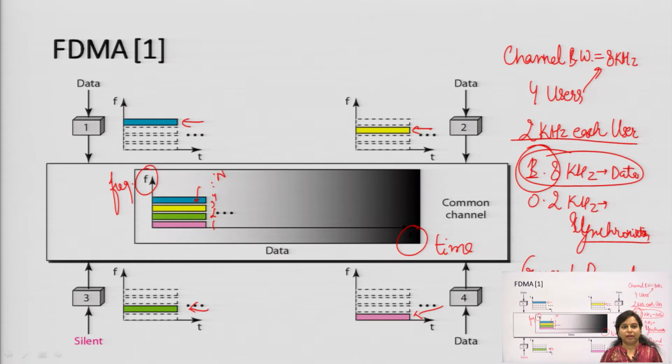So, this is how the transmission will take place. It will not take the frequency from another user, even if it extends to 2.1 kilohertz. That is not possible here. It will only transmit in the allocated 1.8 kilohertz frequency, and 0.2 will be reserved for the guard band. So, this is how frequency distribution is possible in frequency division multiple access.